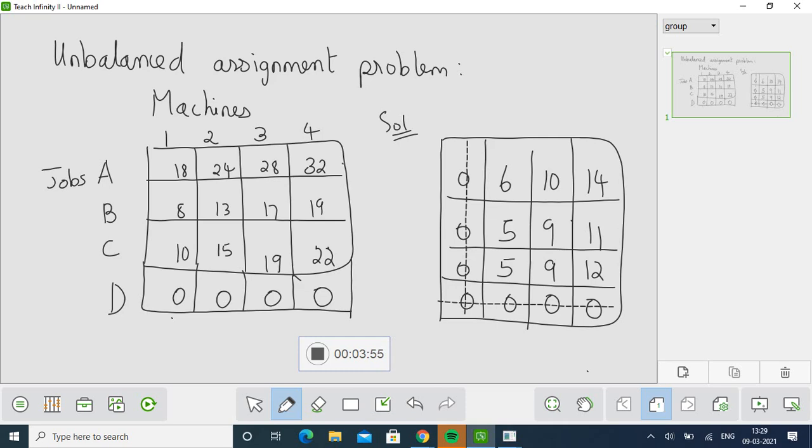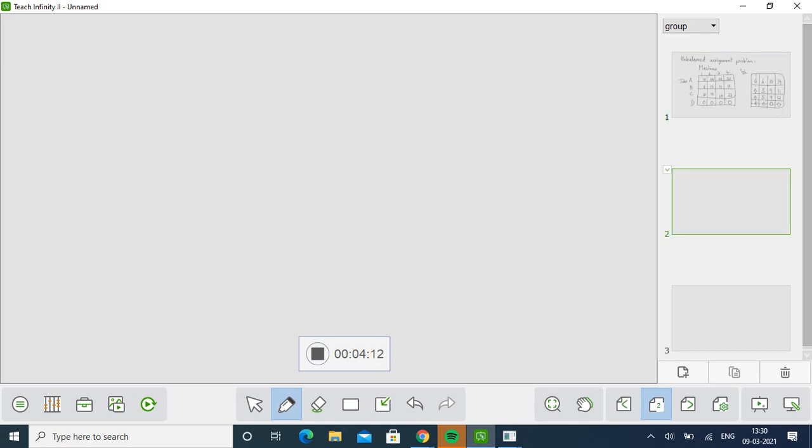Now what should I do with respect to this? Look for the cells which are not under these dotted lines. The smallest number in those cells is 5. Take the 5 and add it to the point of intersection.